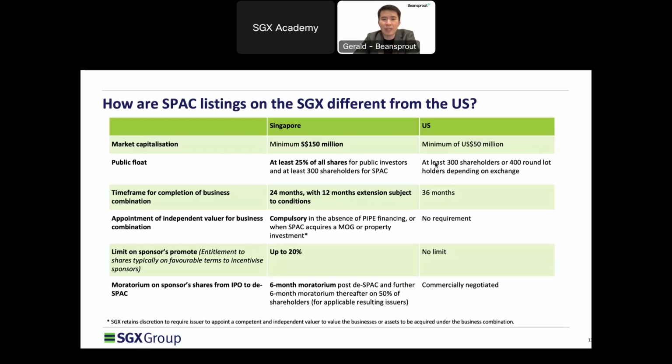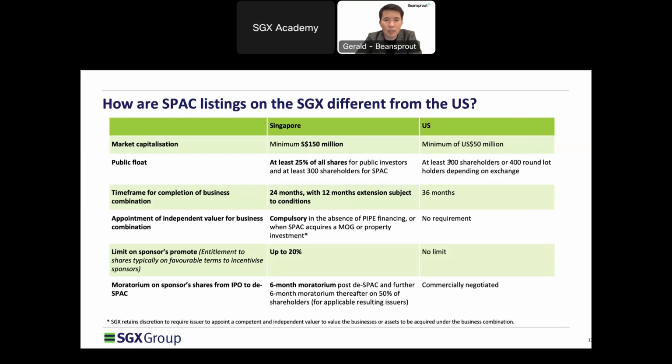So for example, if I were to have the listing of the SPAC on 1st Jan 2022, that means I will need to complete the business combination by December 2023, or otherwise I'll need to get the approval to extend the time frame for making my acquisition. Okay.